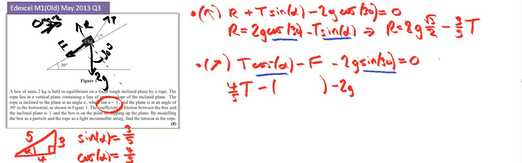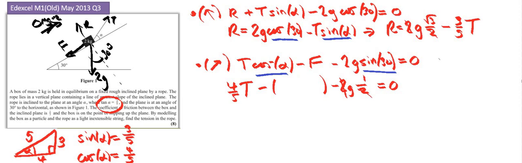Sine of 30 is a half. So I've got 2g sine 30, and again I've got a 2 and a 2, so that's just g. Okay, now our friction.